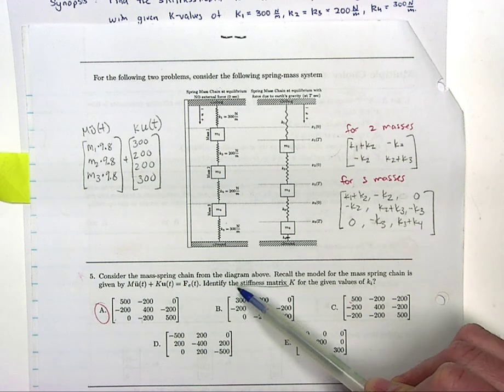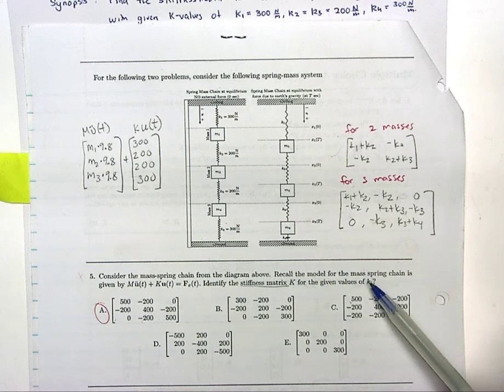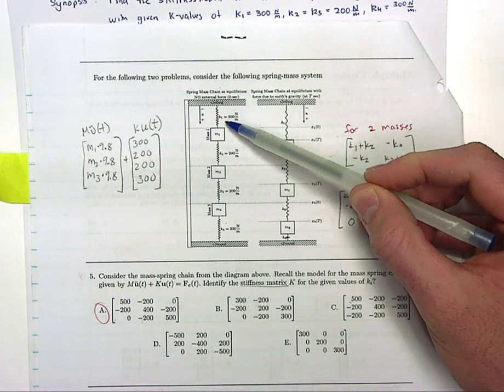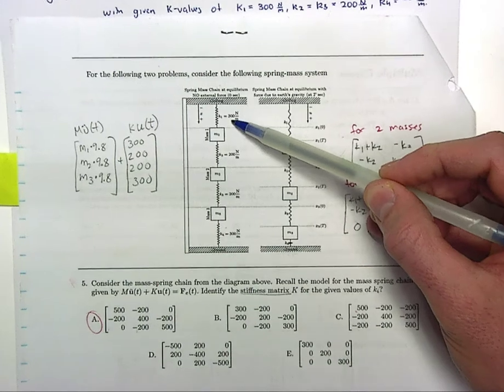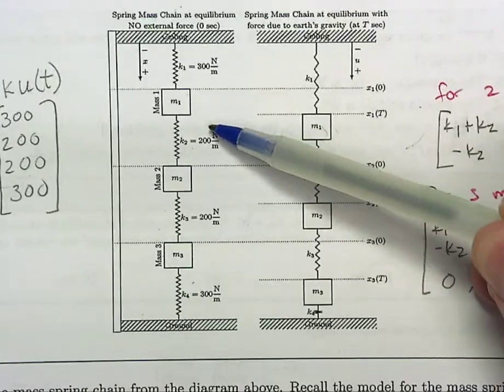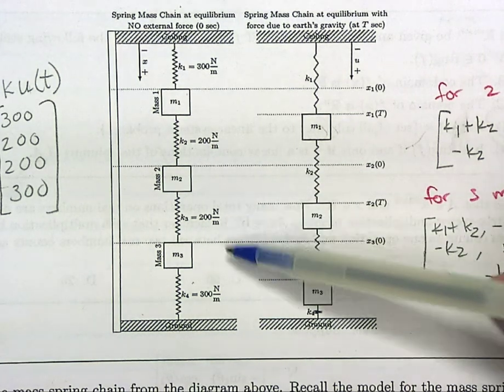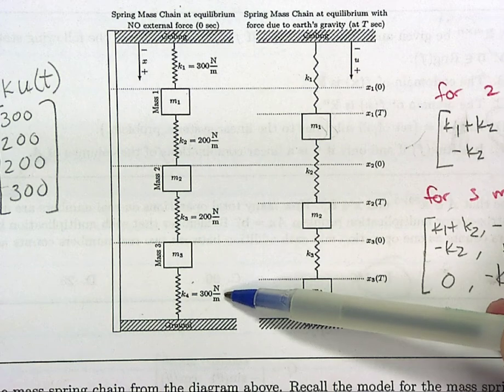And then it says, please identify the stiffness matrix for the given value of k sub i. Spring 1 has a stiffness of 300 newtons per meter. Spring 2 has a stiffness of 200 newtons per meter. Spring 3, same, 200 newtons per meter. And spring 4 is 300 newtons per meter.